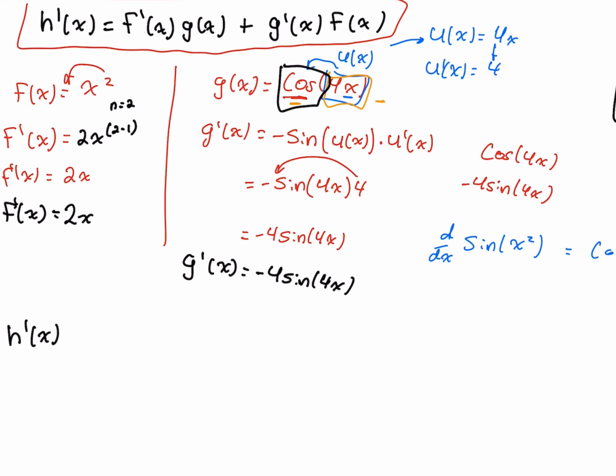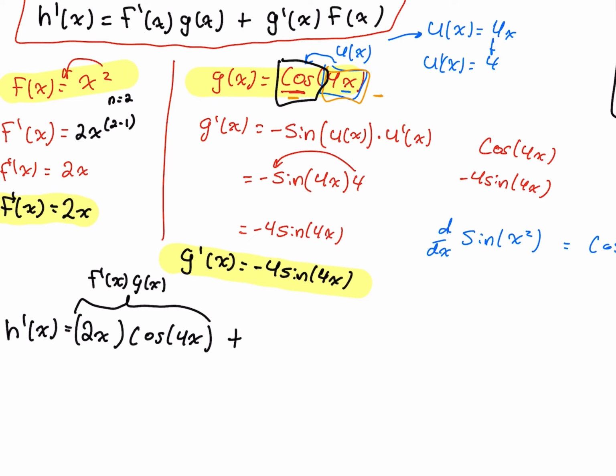We have f prime of x is 2x times g of x, which is cosine of 4x. All right, there's our first 2 terms here, f prime x times g of x, plus, let's substitute for g prime x, negative 4 sine of 4x. And we're going to multiply that by f of x, which is x squared.